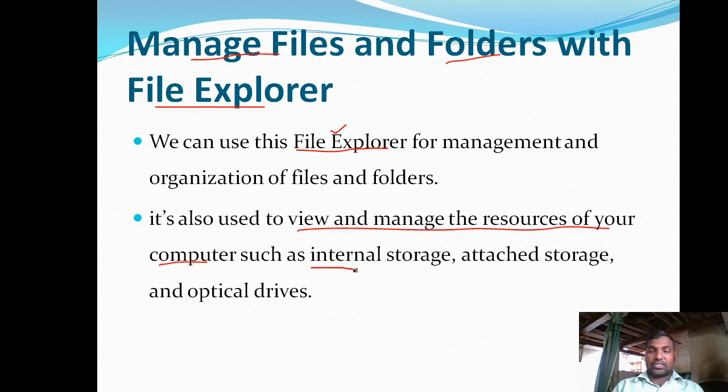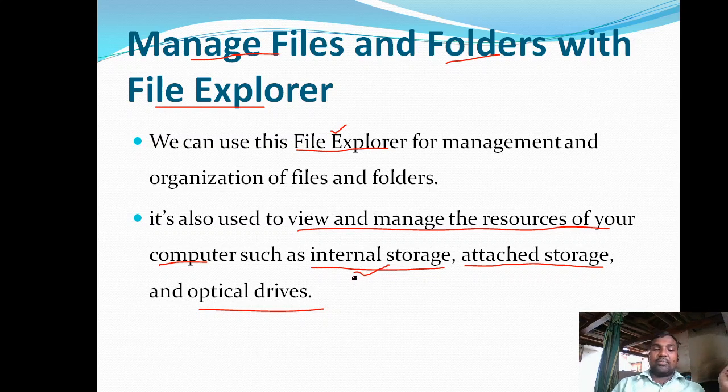The main resources we are managing or viewing with the help of File Explorer are the internal storage of the computer, different storage devices attached to the computer, as well as optical drives. Whatever internal memory or storage devices are available, all those devices are displayed.